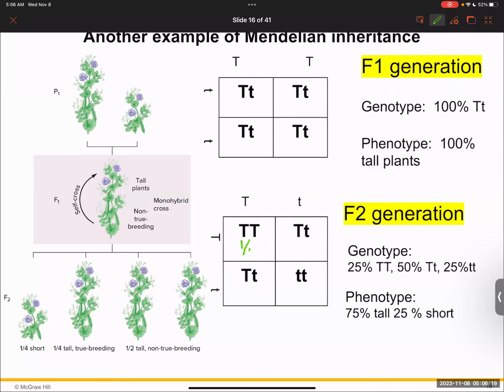1 out of 4 is going to be capital T, capital T. So that's another 1/4, that's another 1/4, and that's another 1/4, right?